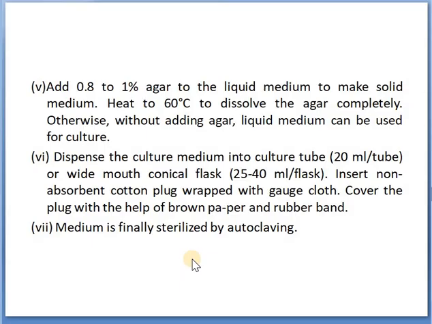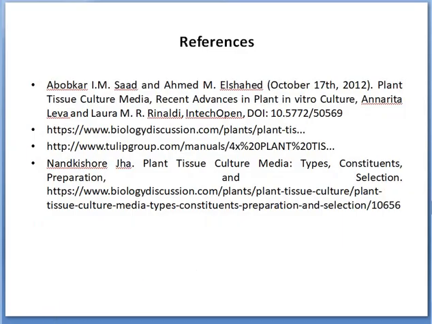If plastic lids are available for the culture containers, they are applied but not very tightly; they are fitted a little loosely. Then these containers are finally sterilized by autoclaving. So this is how the different types of media are prepared and made ready for the tissue culture process. You can refer to these references. Thank you.